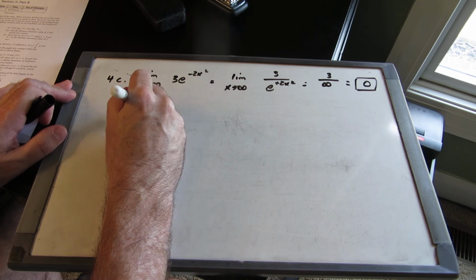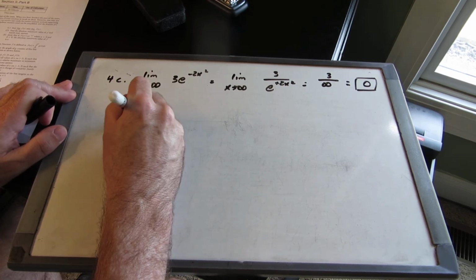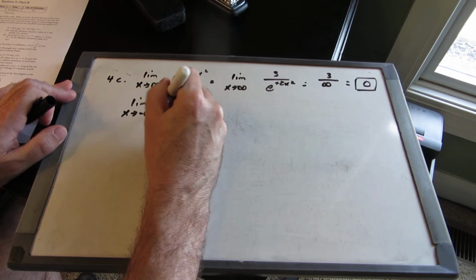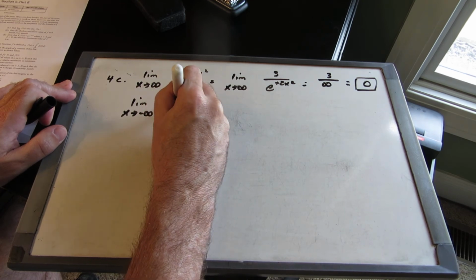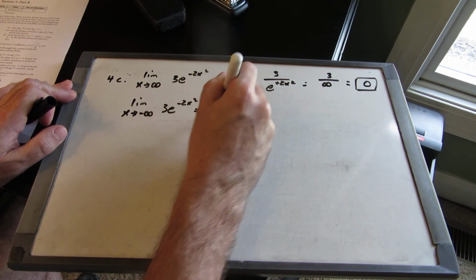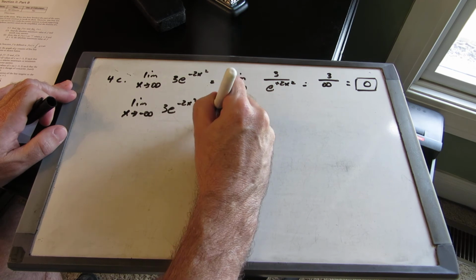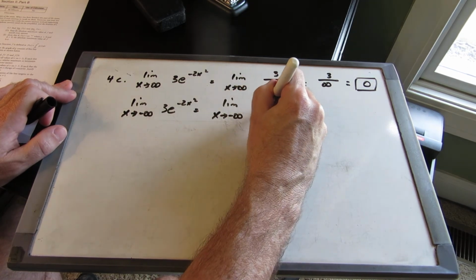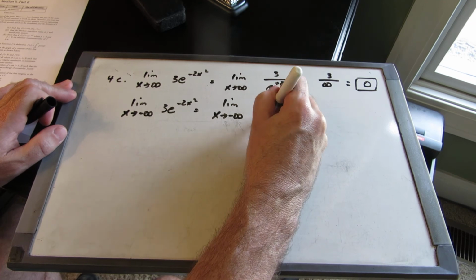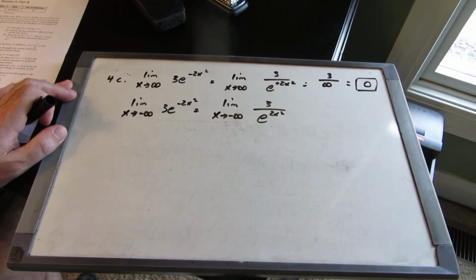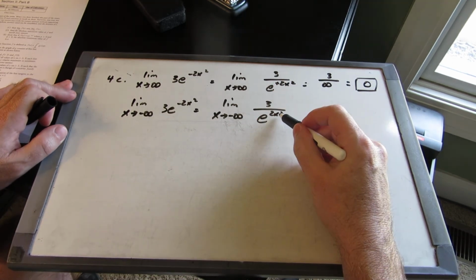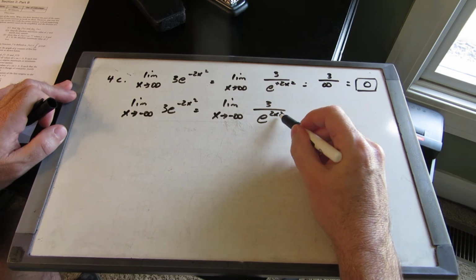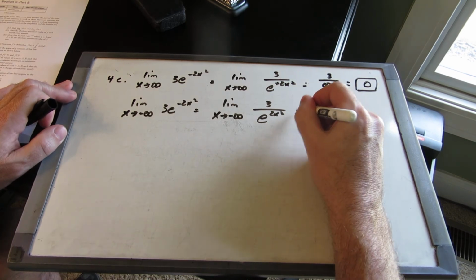So if we take the limit as x approaches negative infinity of 3e to the minus 2x squared, that's the same thing as the limit as x approaches negative infinity of 3 over e to the 2x squared. If you plug a negative infinity into x and square it, it gives you positive infinity.